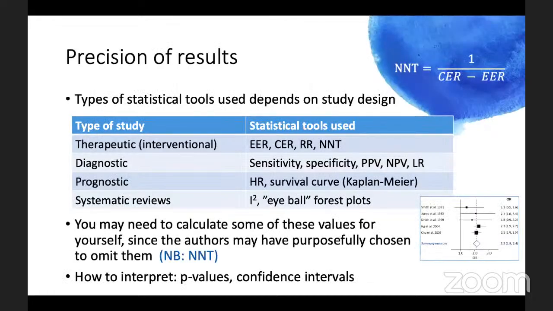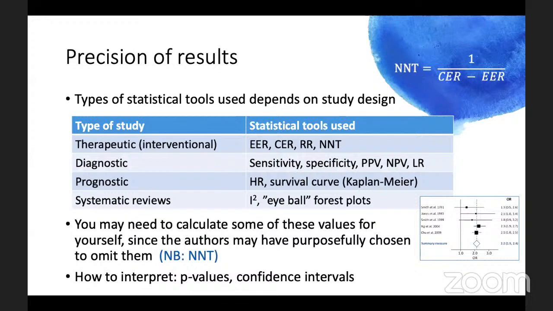So the different types of statistical tools used in research will depend on the study design. Here, if we look at randomized control trials, the therapeutic or interventional trials, most likely you're going to be using experimental event rates, so that's EER, and then control event rates, and then relative risk, which is RR, and then number needed to treat.